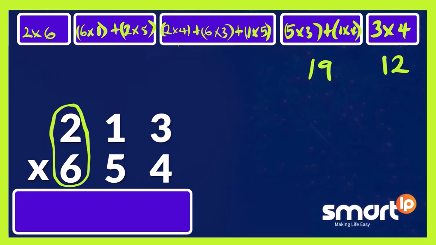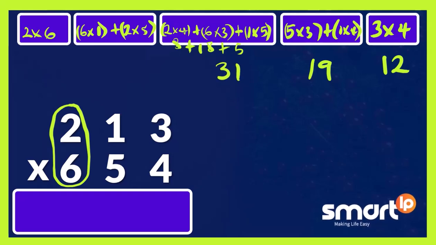The next one, we have 2 times 4, that is 8, plus 6 times 3, that is 18, plus 1 times 5, that is also 5. So 8 plus 18 gives us 26, and 26 plus 5 gives us 31. Let's write the 31 out.